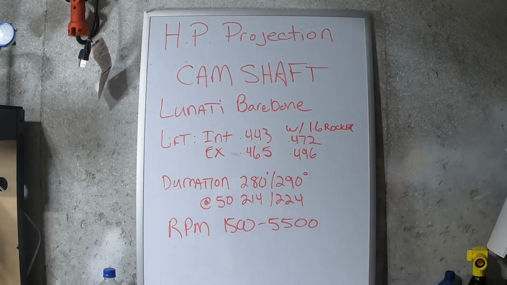So we're going to go ahead and go with these numbers. And then I'll check the valve spring capabilities and all that with running 1.6 rockers to get a little more performance out of this cam. It's a cheap cam, runs like $120. It is a hydraulic flat tappet.